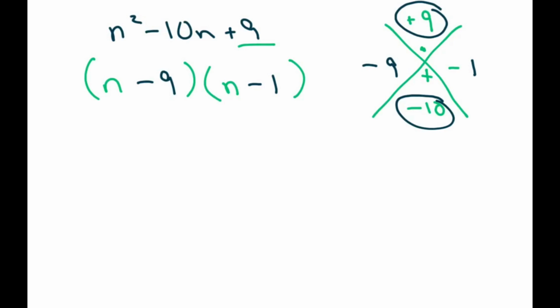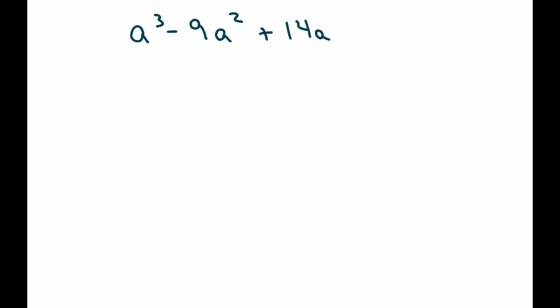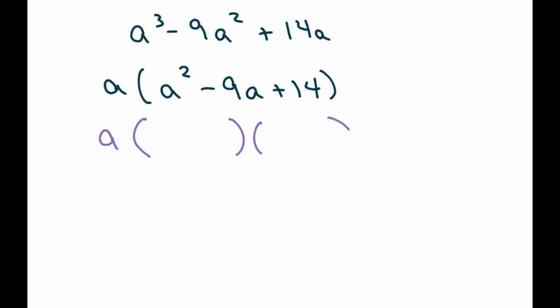Now, next one is this. So the first thing we want to do is factor out a. So I'm going to do the greatest common factor, and I know a divides all of this. And so I'm going to make it a trinomial that looks like this: a squared minus 9a plus 14. All right, so basically I want to factor like this.